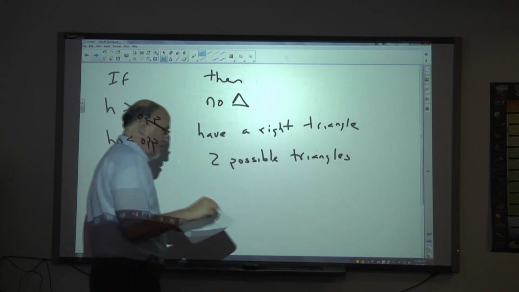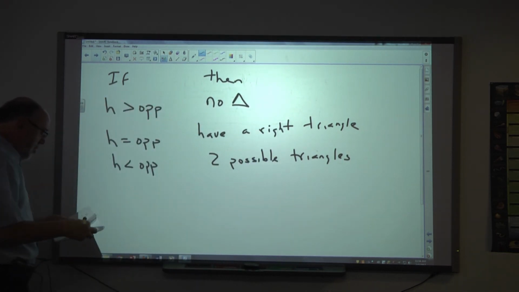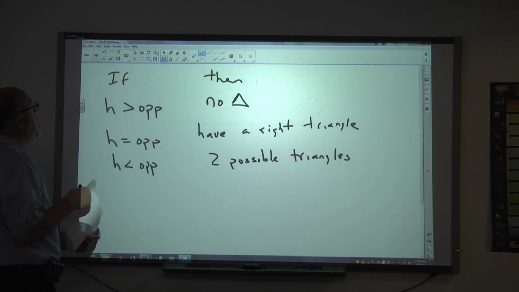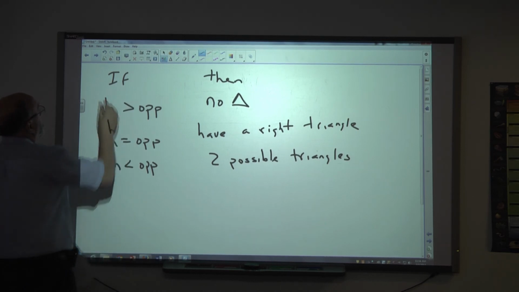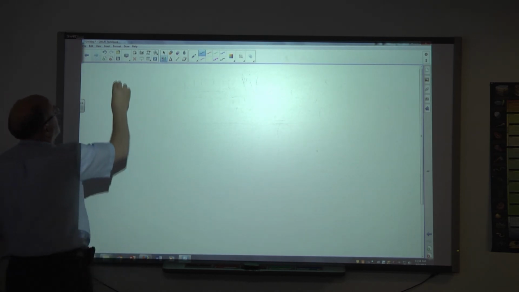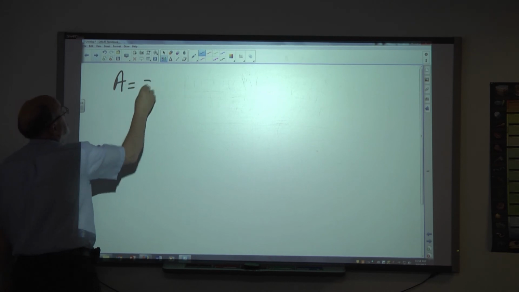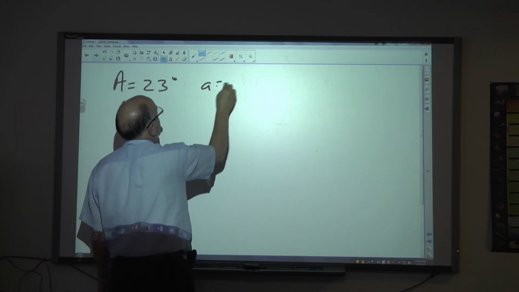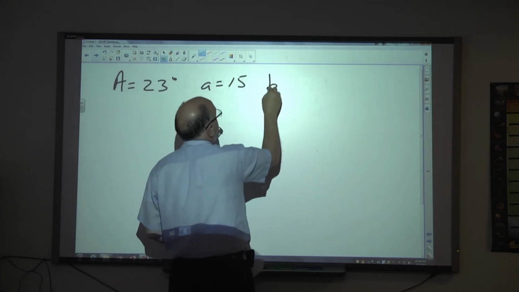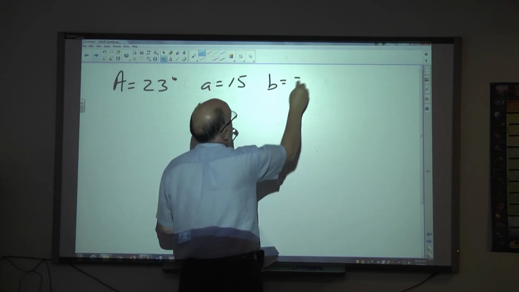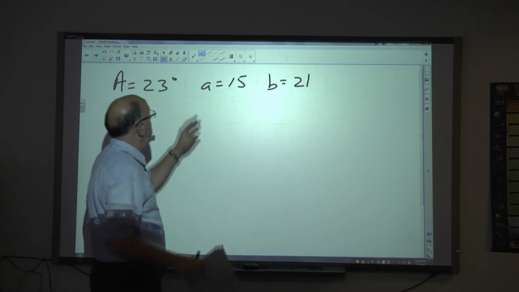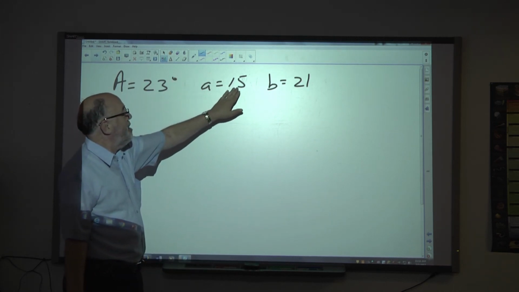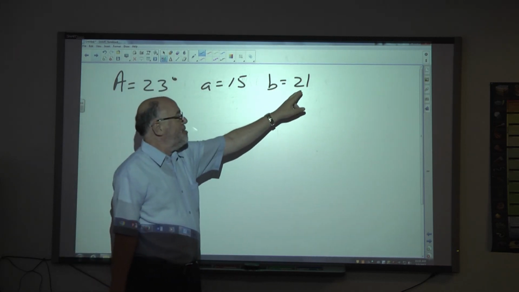And let's go through an example as to how this all works. So, for example, given one like this, if angle A is 23 degrees, side A is 15, side B is 21, right? So here, this is my angle, this is my opposite side, this is my adjacent side.